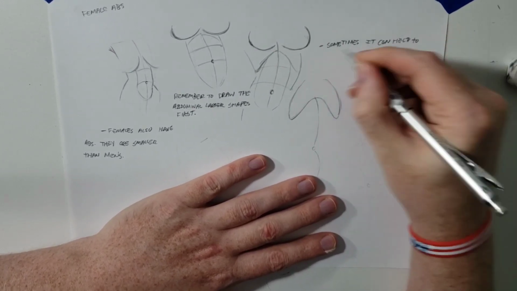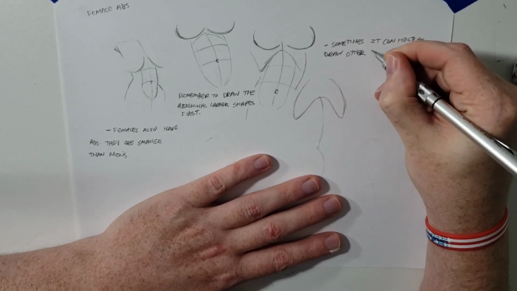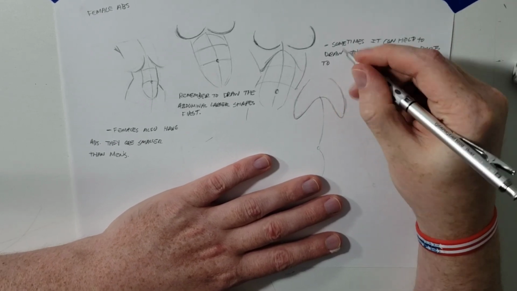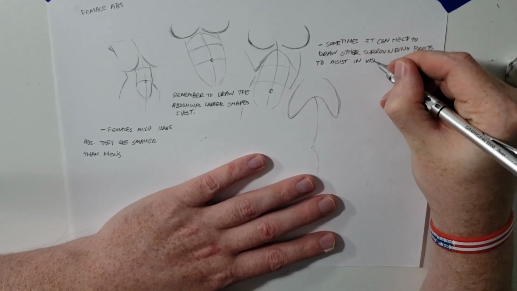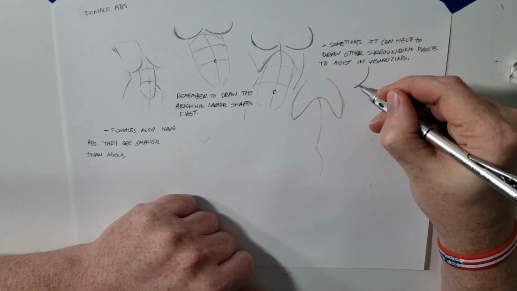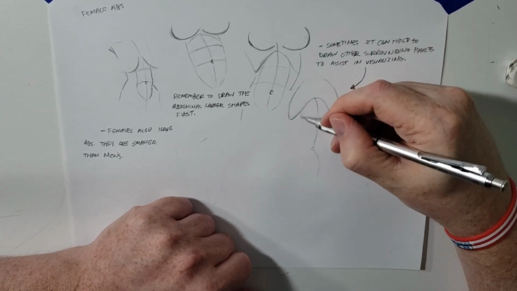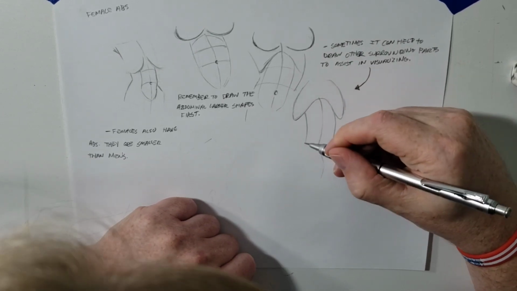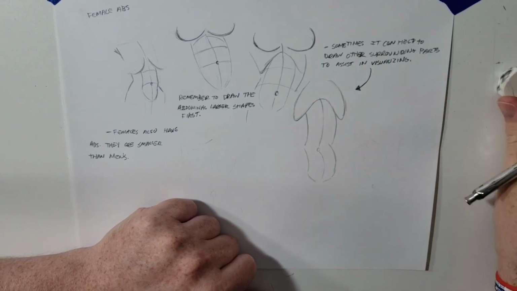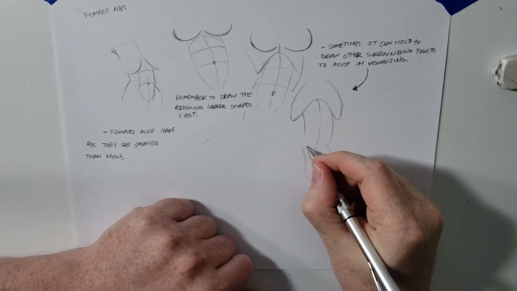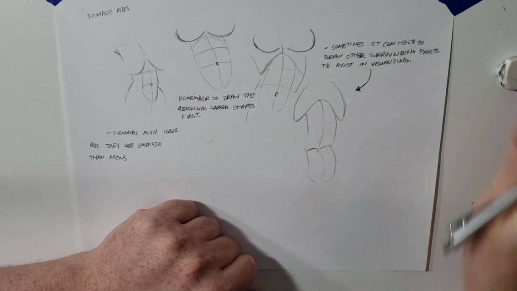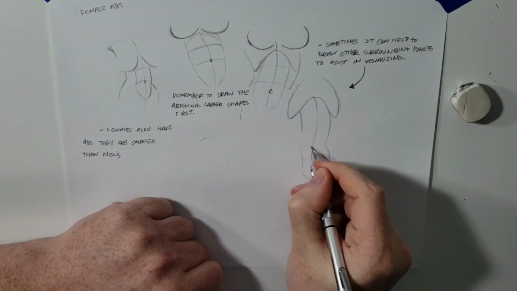So what I'm doing with this one is I'm trying to show that, say for example, a girl is sitting down. The stomach curves, like I said in the last video, and you want to try to show that in your drawings. You don't want to just draw straight stuff all the time where it's like no curve, no shape. So I'm trying to challenge myself a little bit and draw some curvier stuff.